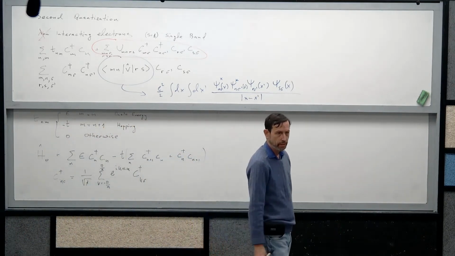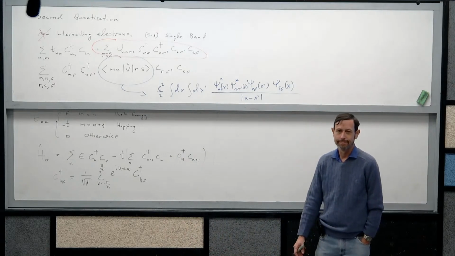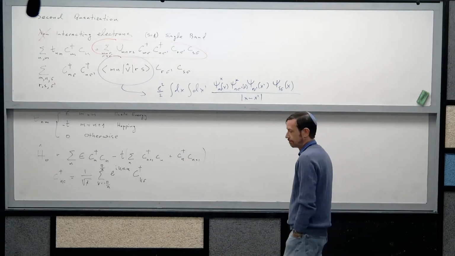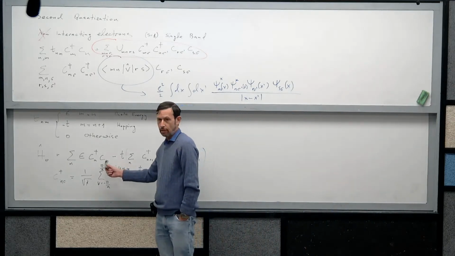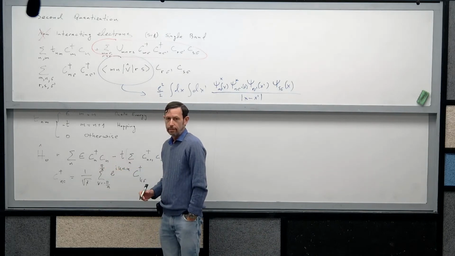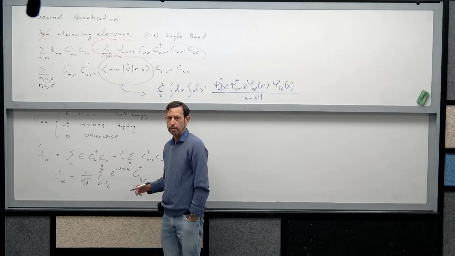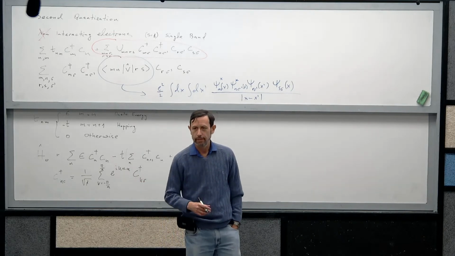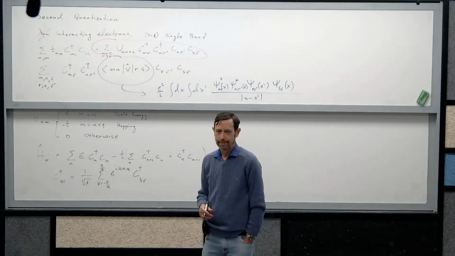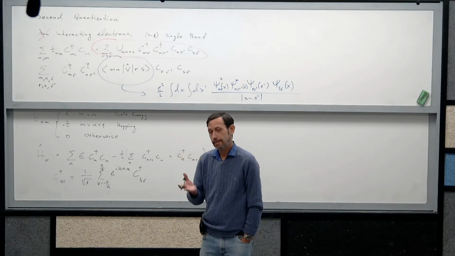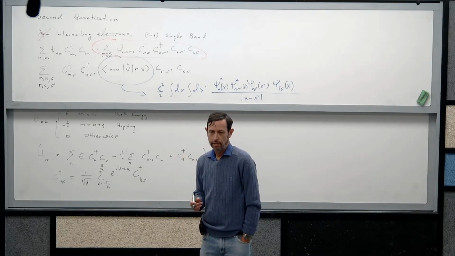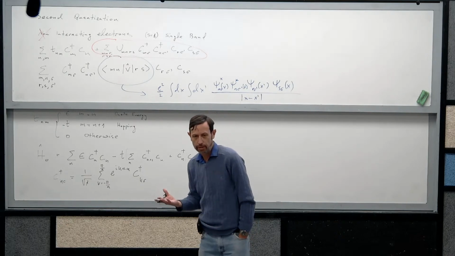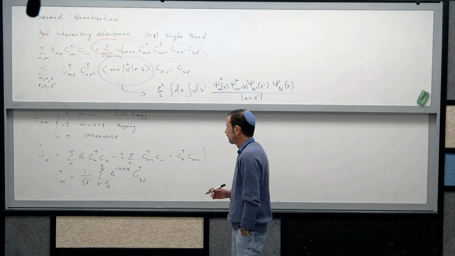The usual Fourier transform. Anyone remembers why it's between pi over a and minus pi over a? The Brillouin zone edges. Exactly, that's the Brillouin zone of a one-dimensional lattice.